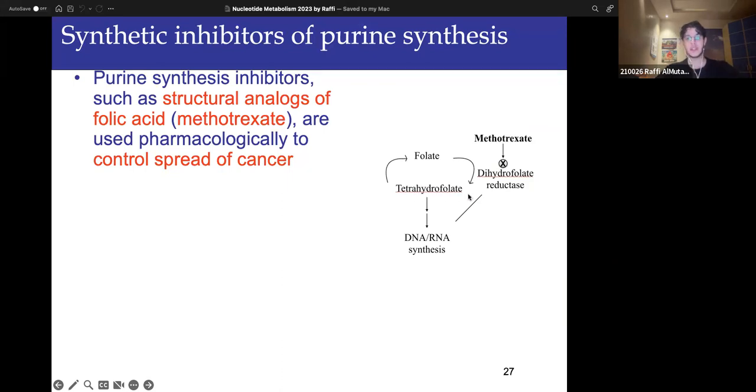And if you remember, we need tetrahydrofolate because it's important to make DNA and RNA. Now, methotrexate will inhibit an enzyme called dihydrofolate reductase, or DHFR. So when we inhibit this enzyme, we are not going to make tetrahydrofolate. This also means that, as you can see here, we will have less folate as well. So the body will kind of deplete in folate.